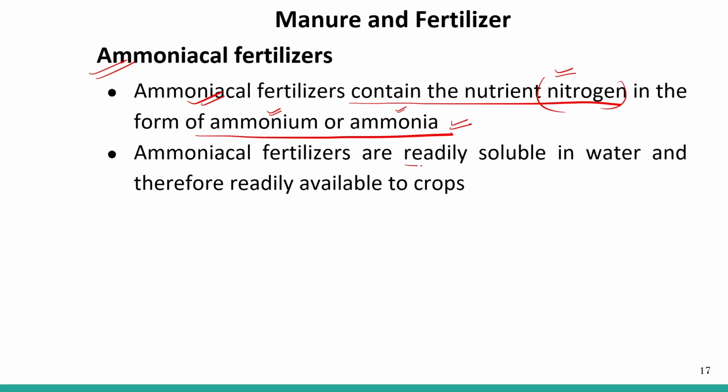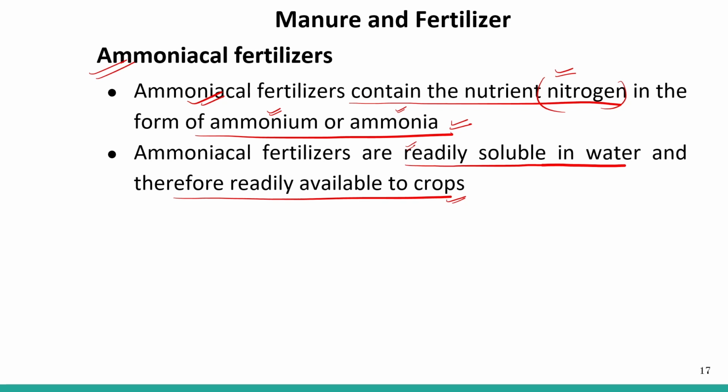Ammonical fertilizers are readily soluble in water. They get easily solubilized in water and are therefore readily available to the crops. So this is one of the advantages of supplying fertilizer to the soil in liquid form: first, it dissolves easily, and second, it is readily available to the crop.